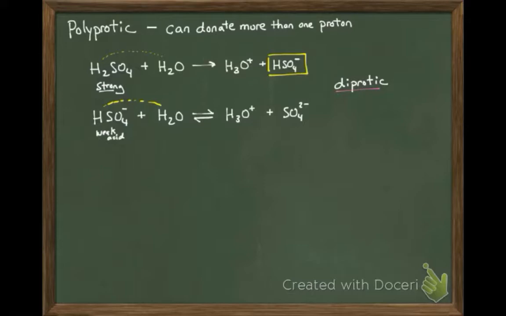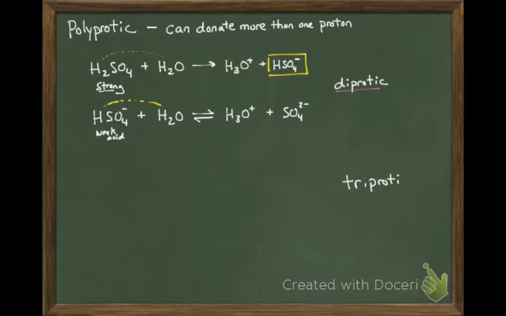The second one in this case is weak, and that's something that you sort of have to memorize: the list of 6 strong acids that you have in your text, and most of the other acids that you encounter you can consider to be weak. There'll be some exceptions.